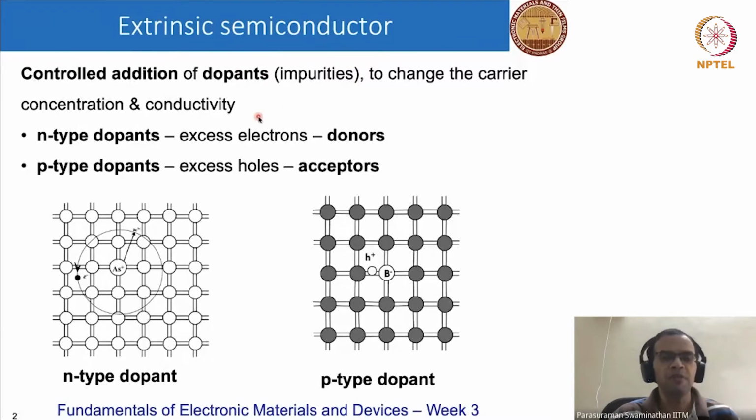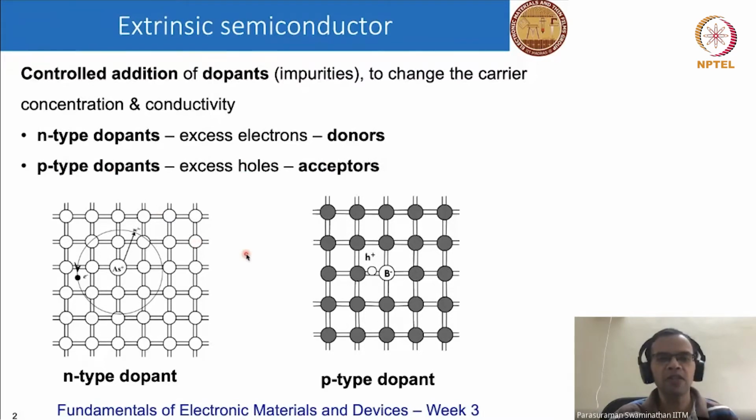So dopants will preferentially increase either electrons, in which case they are called donors, or n-type dopants. They can also preferentially increase the concentration of holes, in which case they are called acceptors or p-type dopants.